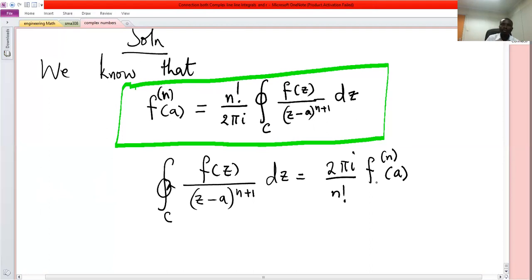So if we know the value of a and the value of n, we should be able to solve such an integral.